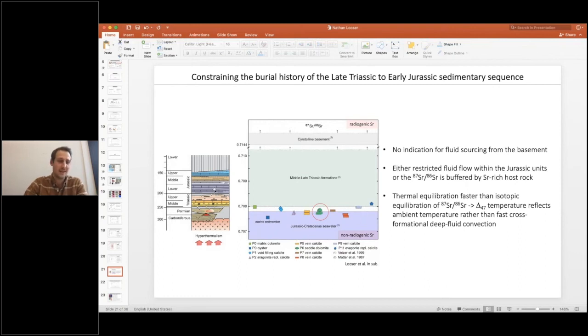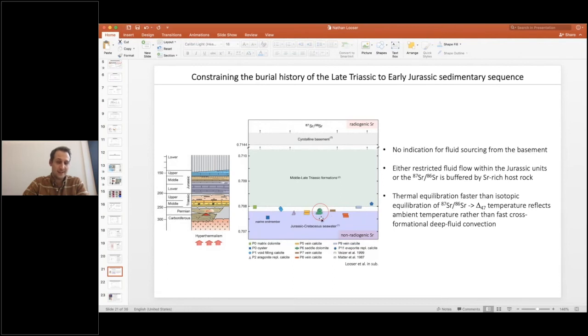Do we have anything like that or not? And if we have this, we would see this probably in strontium isotopes, because the crystalline basement has a much more radiogenic isotope signature than Jurassic seawater. And interestingly, we don't see that at all.